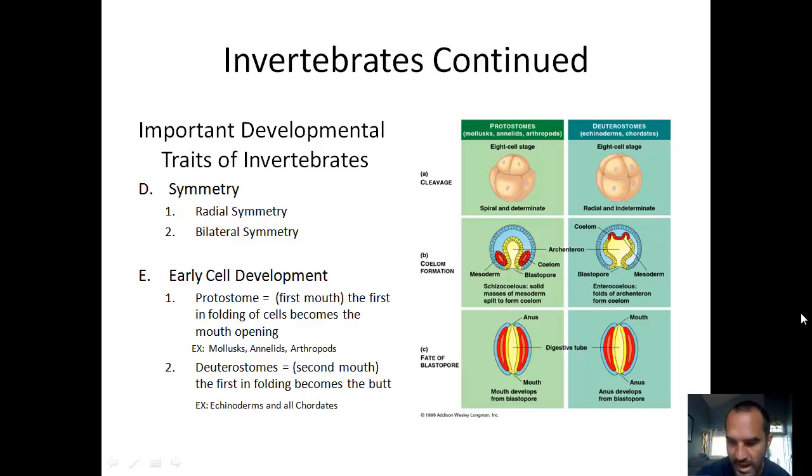And then as it started to get cephalization, it developed bilateral symmetry, which means it can only be divided in half in one way, and that's things like human beings. You could split a human being, if you divided them, you have an invisible line from the top of their head down to their toes, and you could divide their body in half that way.